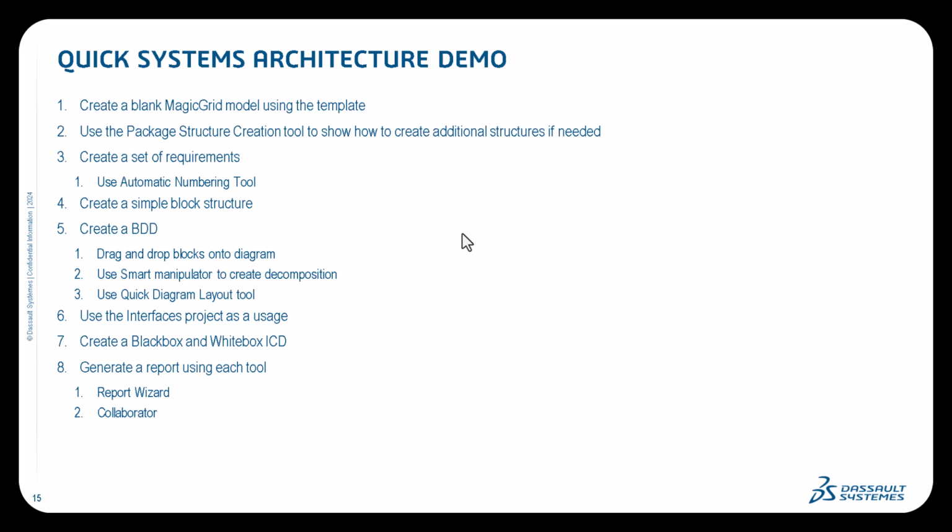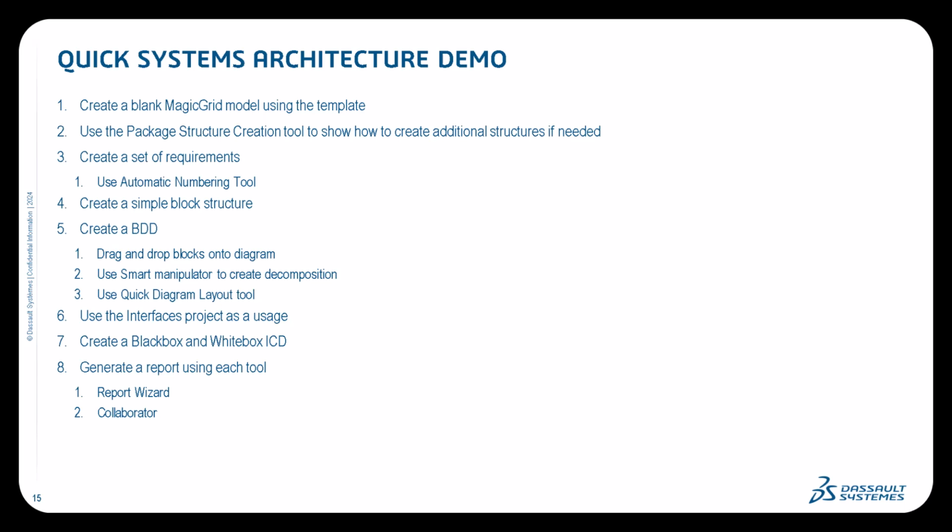Sometimes it's necessary, but sometimes it can just be kind of a waste of time. If we're doing something quick and dirty for a demo, it's really unnecessary to lay things out in a specific manner when we can use this quick diagram layout much quicker.